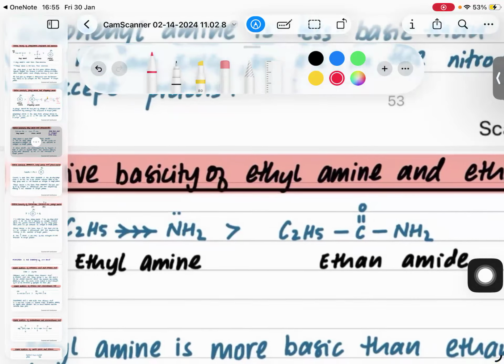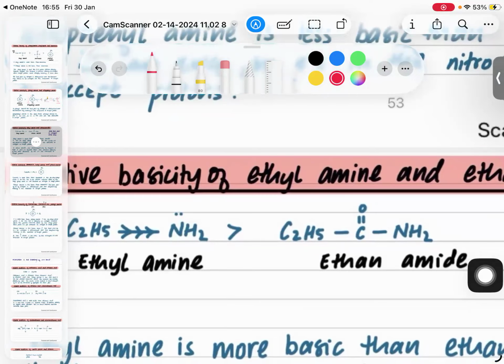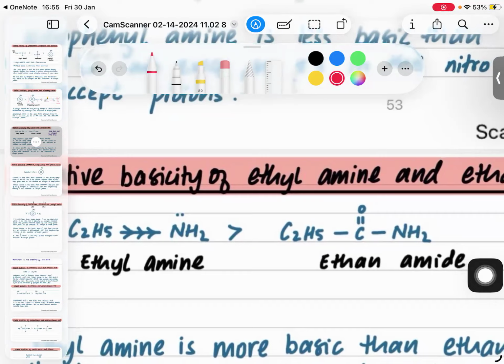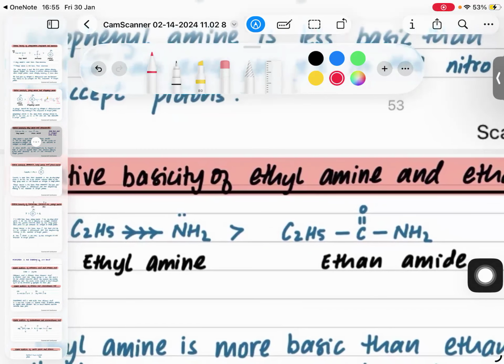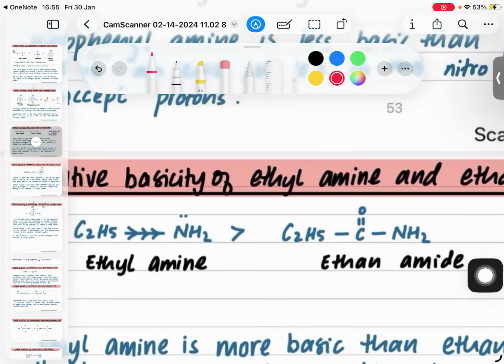C double bond O is an electron withdrawing group. It's going to pull the electrons towards itself, making it less basic. You can add one more sentence: making the electrons on the nitrogen less available for the proton. Hence less basic.